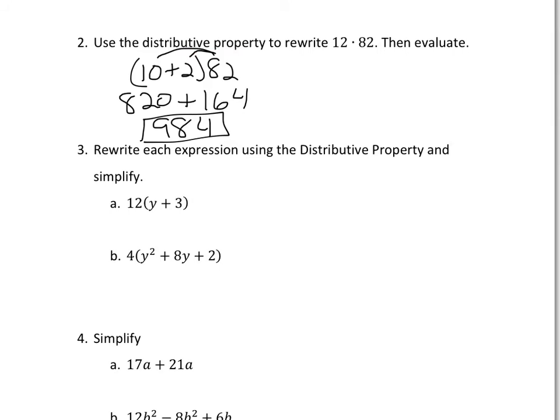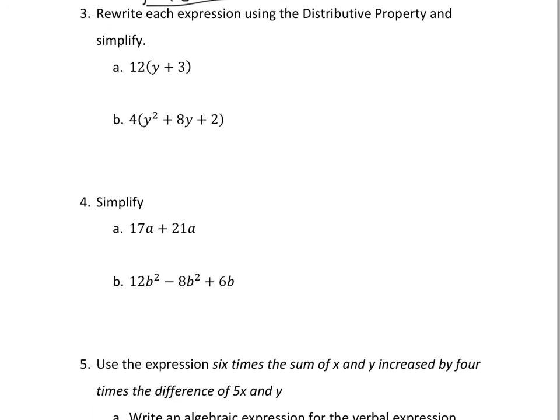All right, a couple more with the distributive property. We're going to rewrite each expression using the distributive property and simplify if we can. So we're going to distribute that 12 in there, and we'll have 12 times y plus 12 times 3.